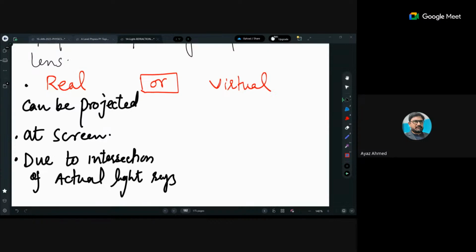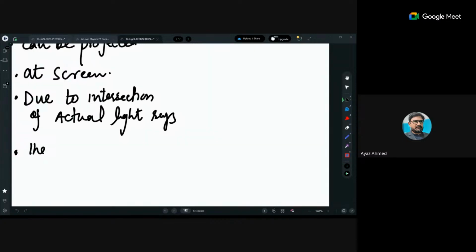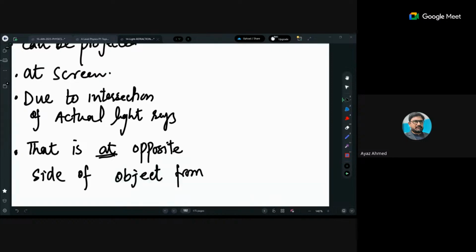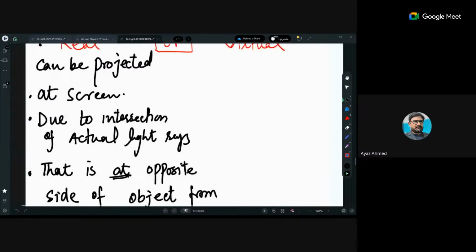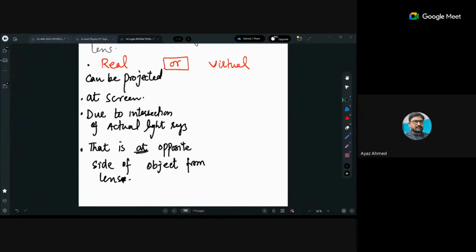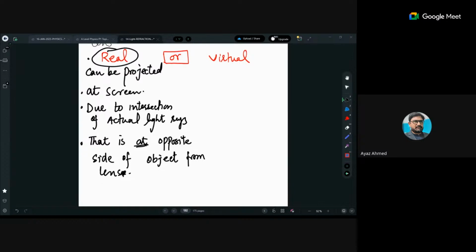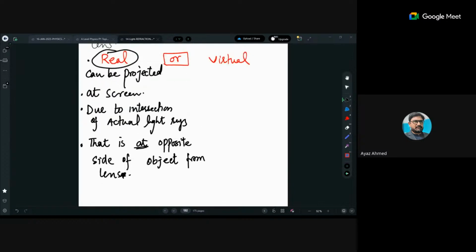And a third identification is that it is at the opposite side of the lens from the object. So these are three properties which can be observed for your real image. Will you just consider my words के real image आपके पास क्या होती है?